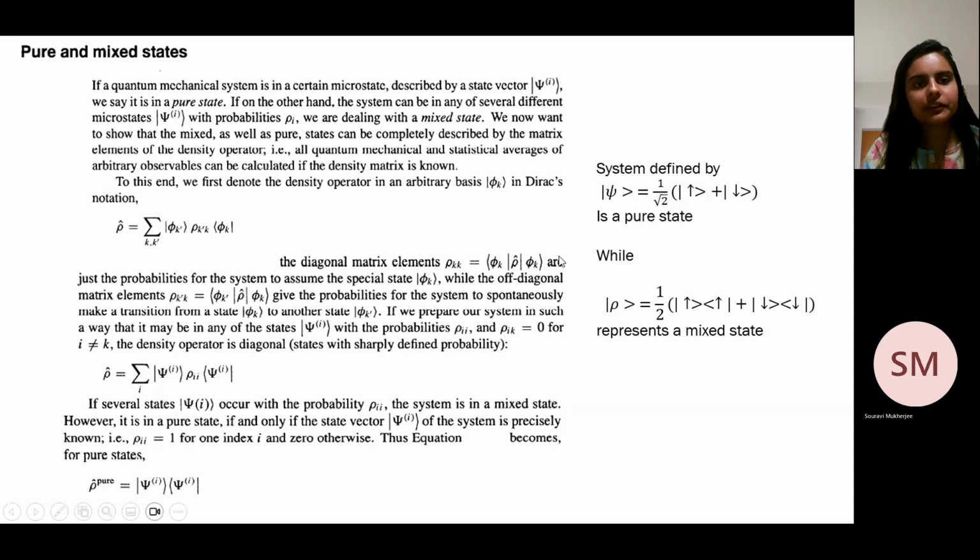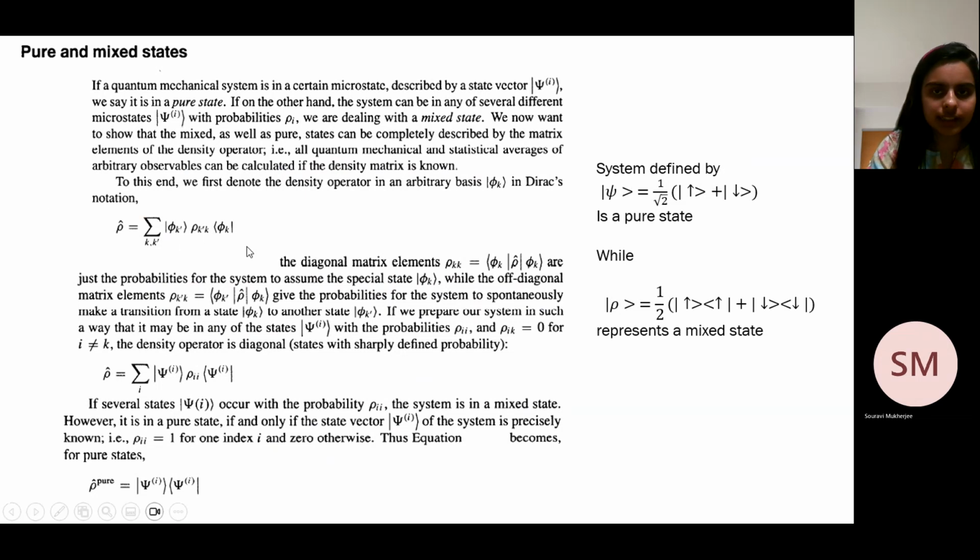We saw that when you can define your system completely by one particular state, that is a pure state. In that case, the density matrix is given by this outer product of your wave function or the state vector. But if you have a system where different microstates are possible with different probabilities, then it becomes a mixed state.